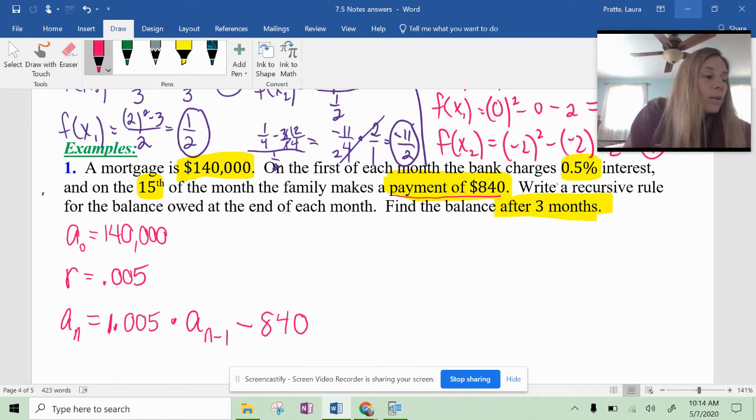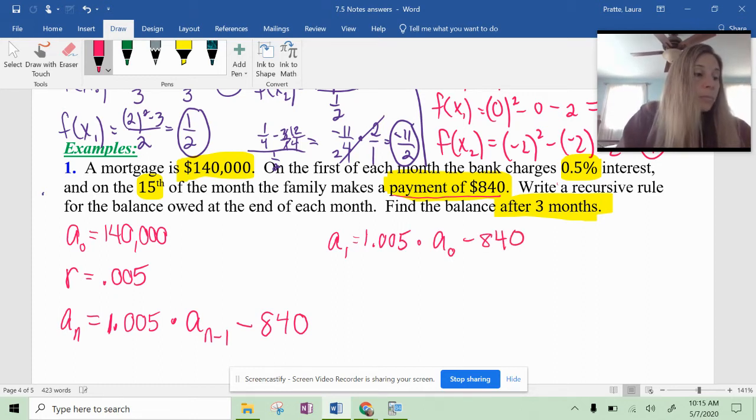So for A sub 1, I want to calculate 1.005 times A sub 0 minus 840.